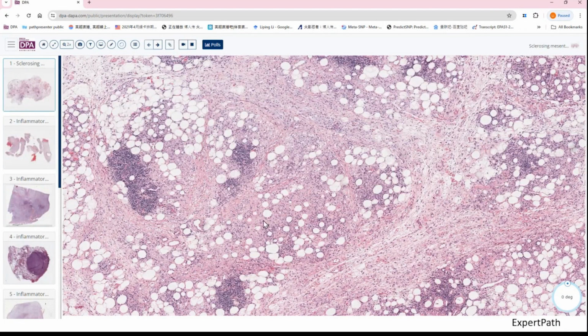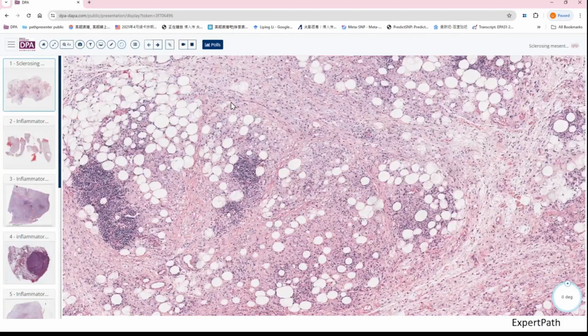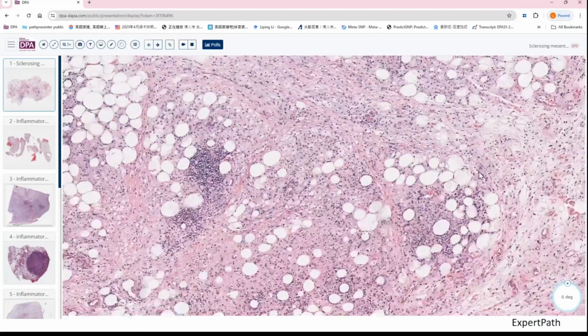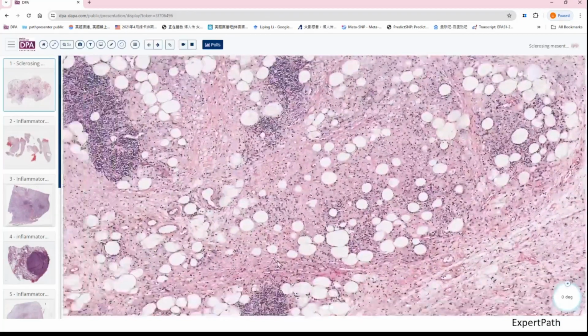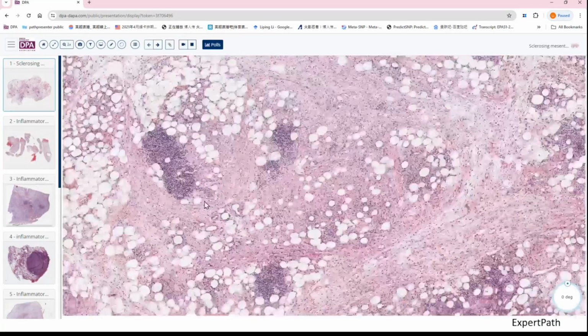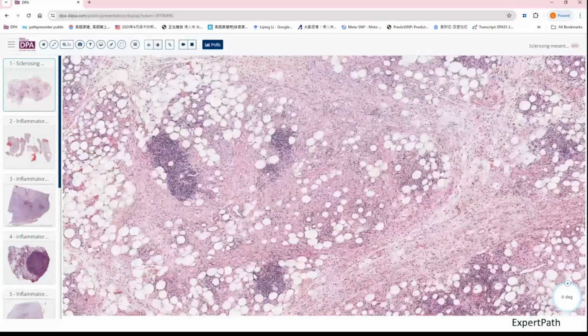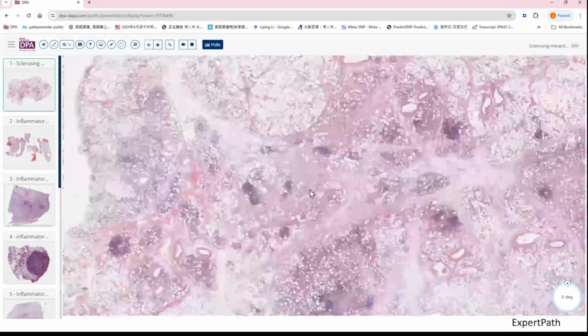So this is fat necrosis. Around the fat necrosis, we can see some spindle cell proliferation in the periphery, and combined with the lymphoid aggregates, we can make the diagnosis of sclerosing mesenteritis in this piece.